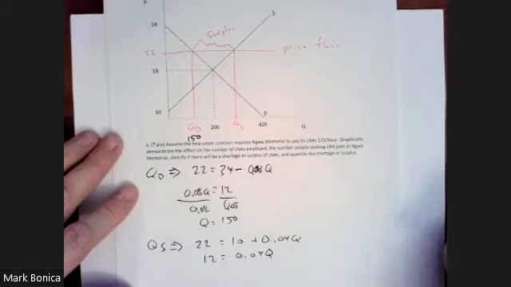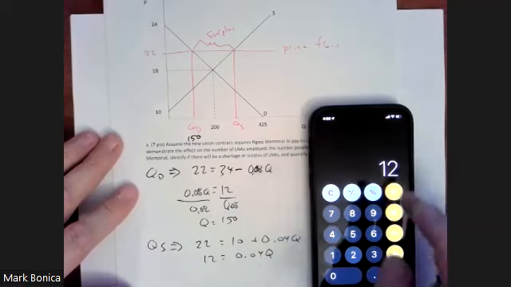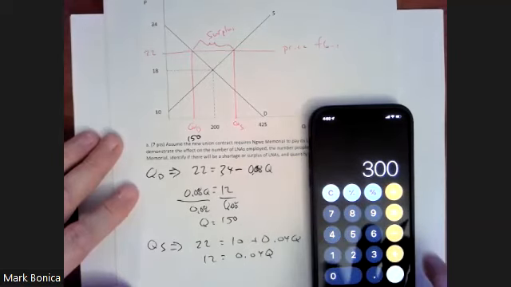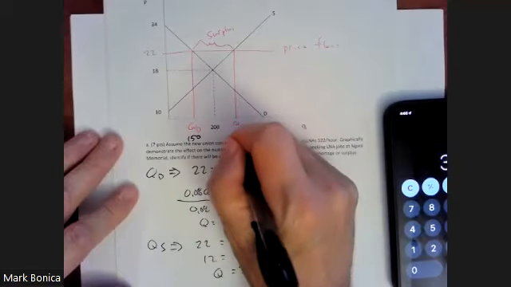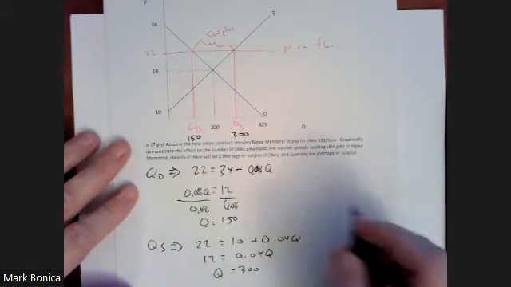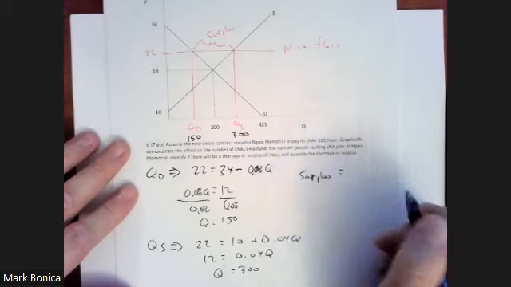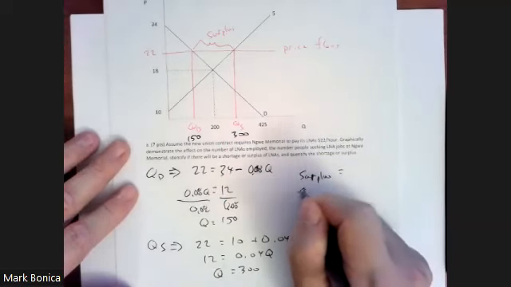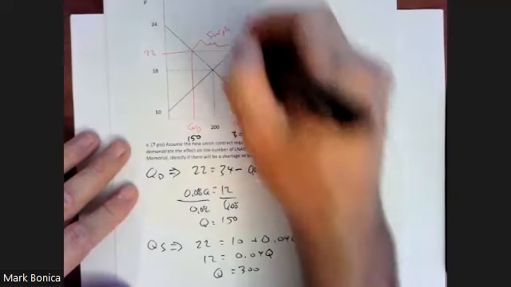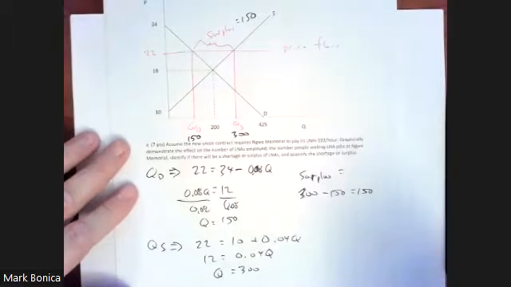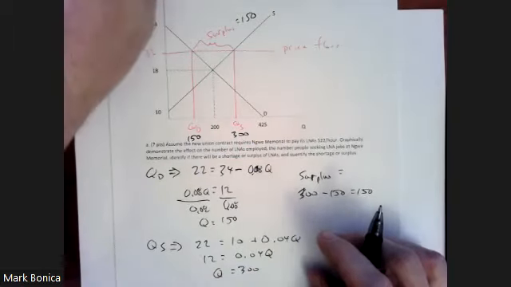And so divide through by 0.04, get 12 divided by 0.04, and we get 300. So the surplus is equal to 300 minus 150, or 150. Okay.